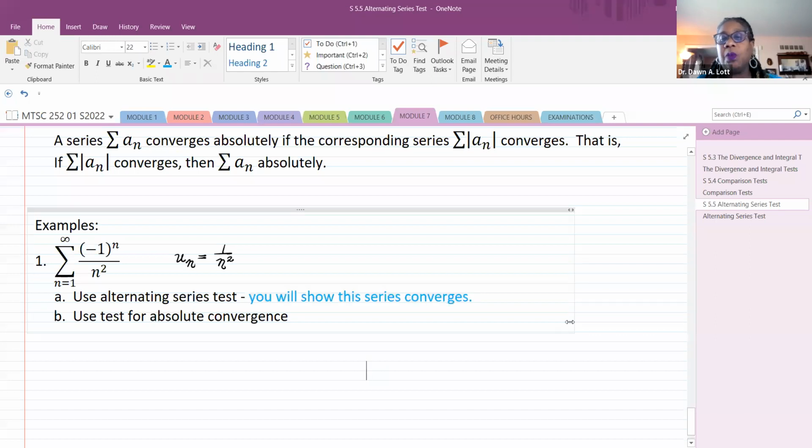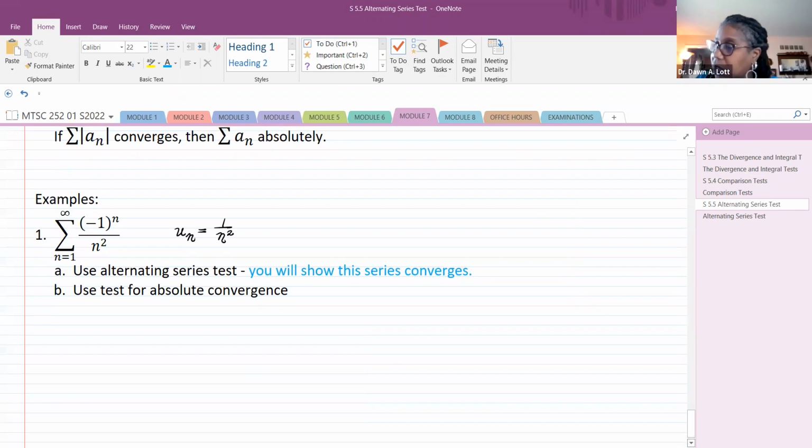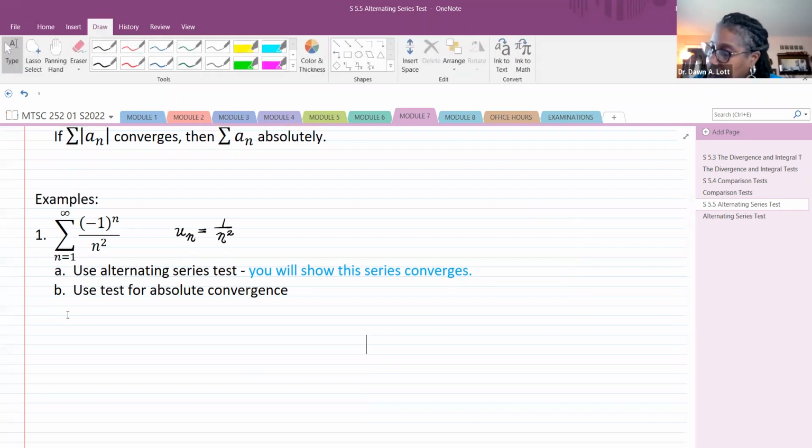What I want to do is the test for absolute convergence. So the test for absolute convergence says we need to examine the summation of the absolute value of the terms.